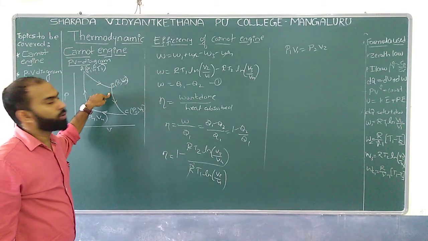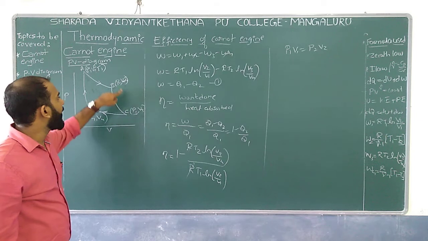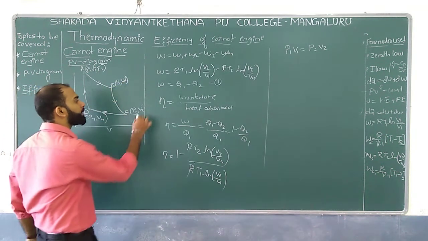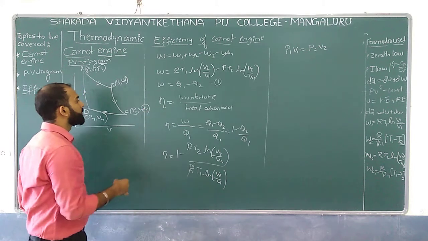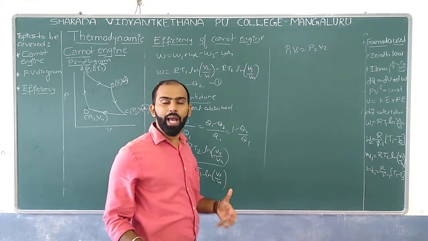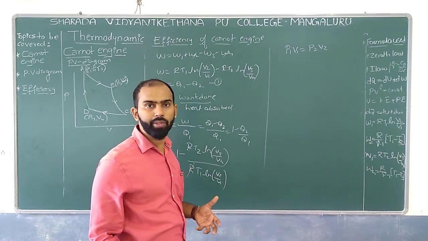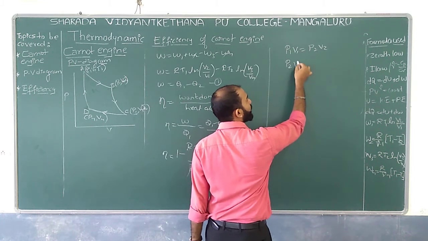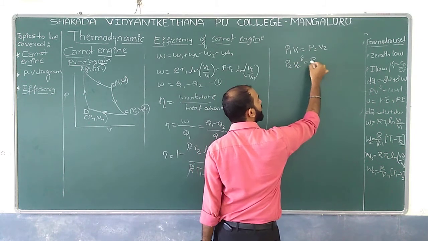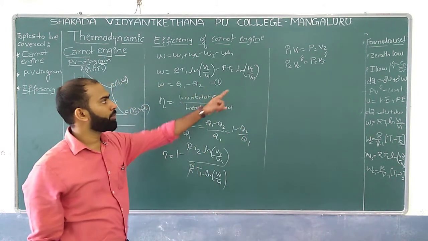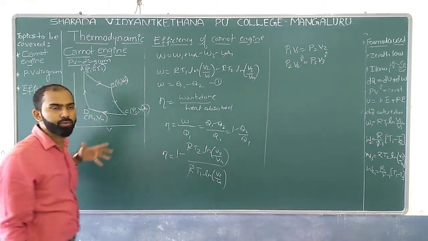Now when we moved from B to C, we had P2 V2 at T1 going to T2, which is an adiabatic process. Whenever we have an adiabatic process, we have an equation in terms of gamma, that is P2 V2 gamma is equal to P3 V3 gamma, yes or no? So this is one more relation we can expect under an adiabatic process.